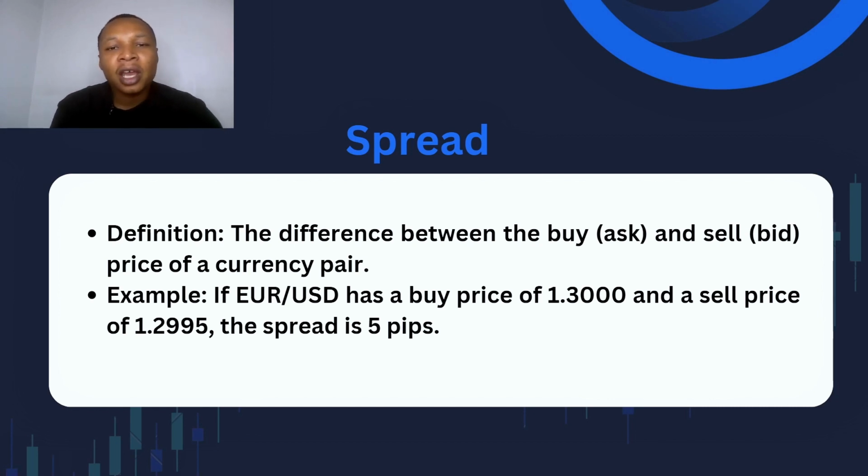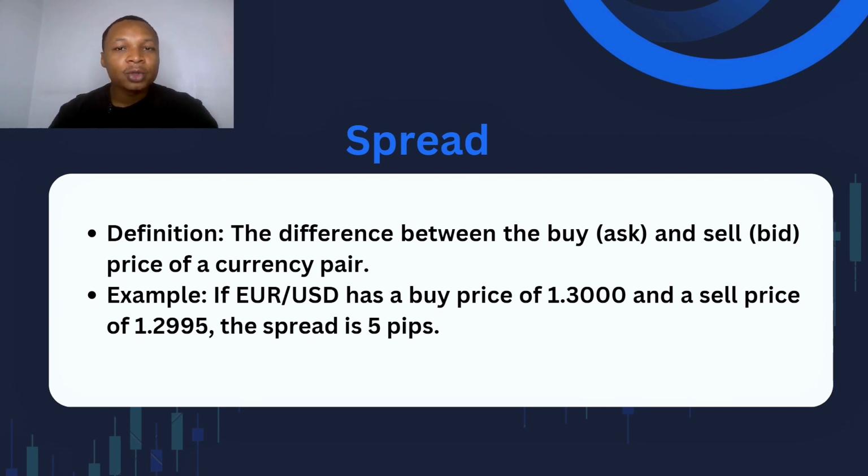If I want to sell the Euro USD, there is a particular price that the broker is willing to buy at. I can't just randomly wake up and say I want to buy the Euro USD at this particular price. The difference between the buy price and the sell price, which we call the ask and the bid price, is called a spread.